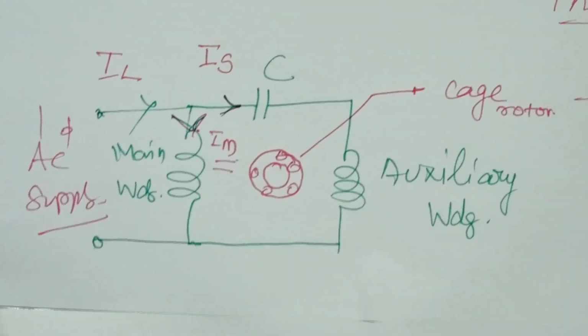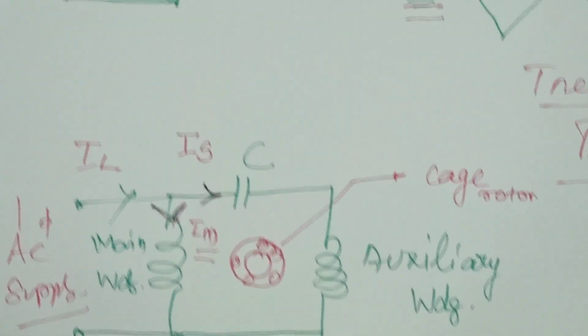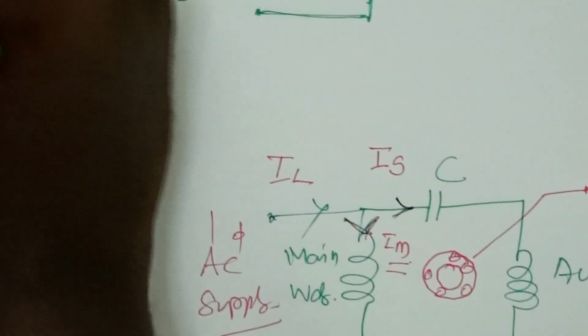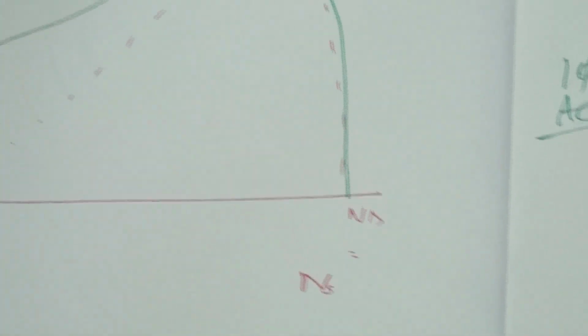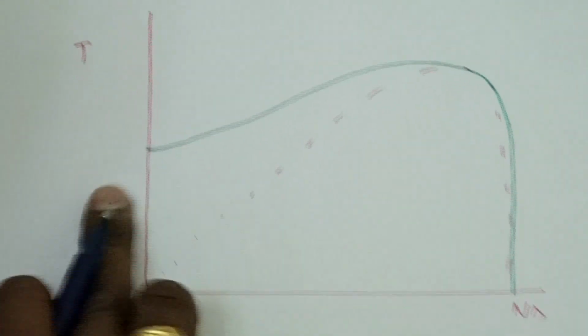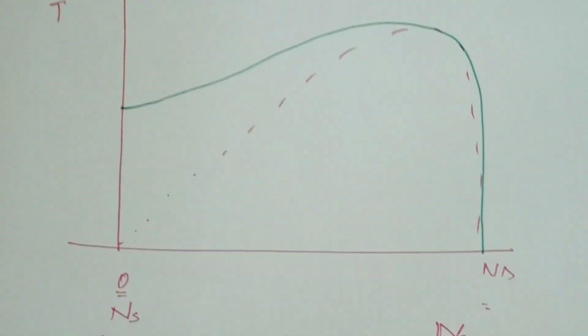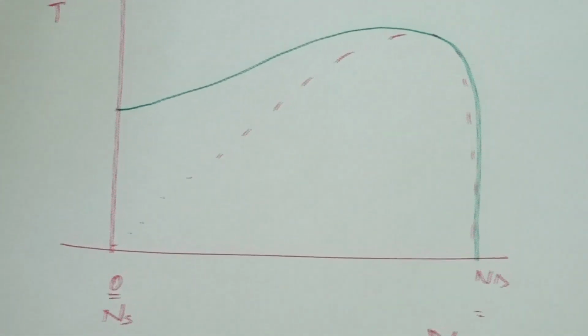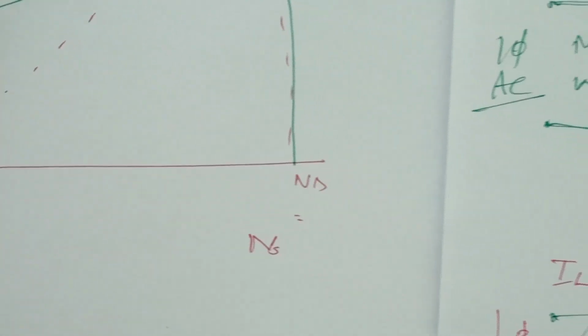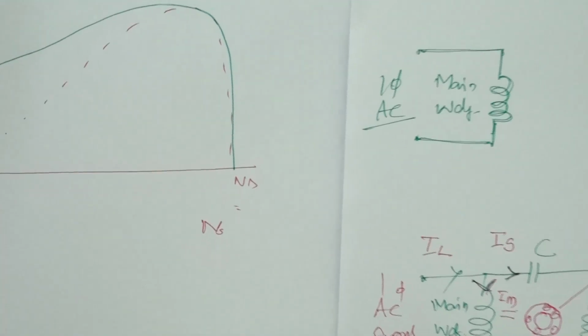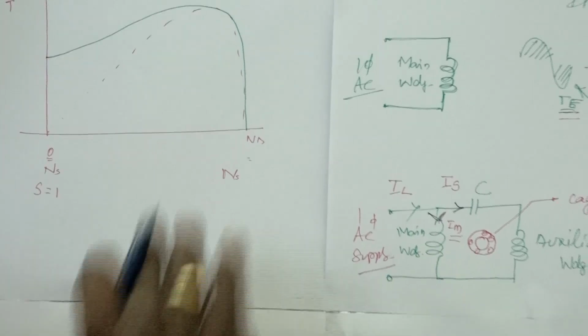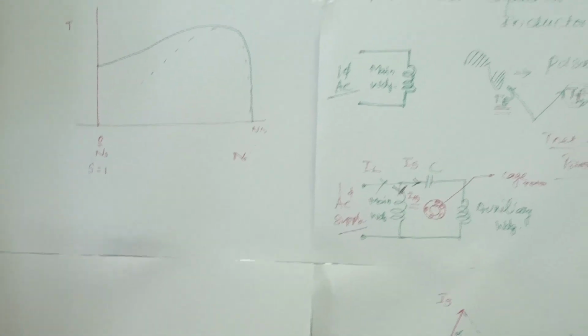But by keeping the capacitor and getting the torque, this will have a good starting torque. This curve will come like this, right? This is during starting, and afterwards it will get a good running torque also. This will be used in fans, table fans and ceiling fans. That we will now see in the hardware section also.